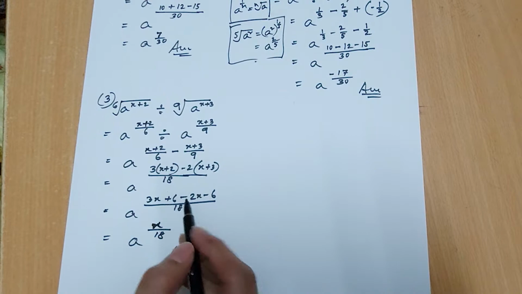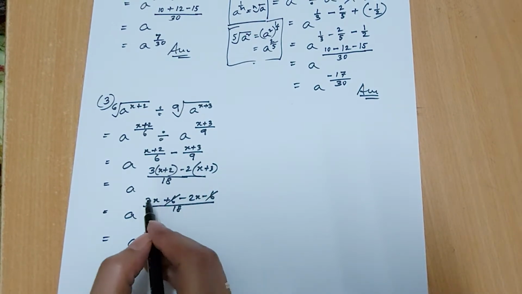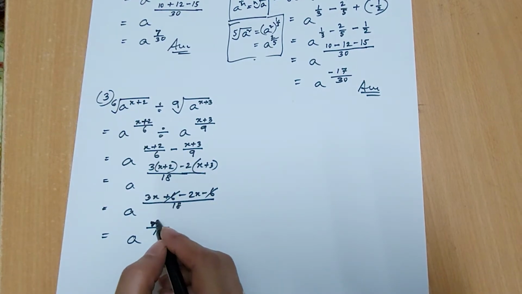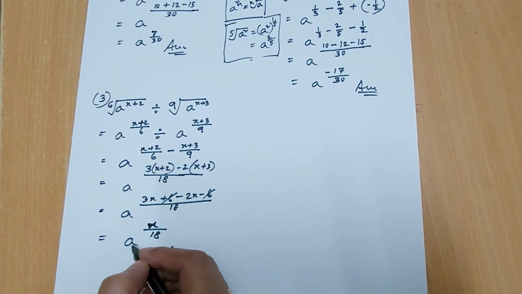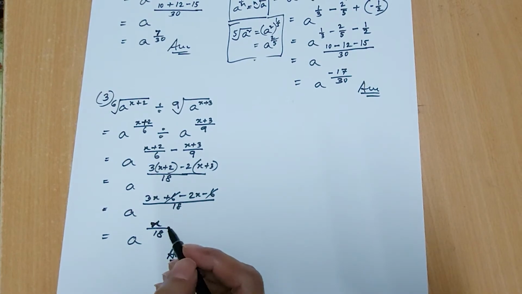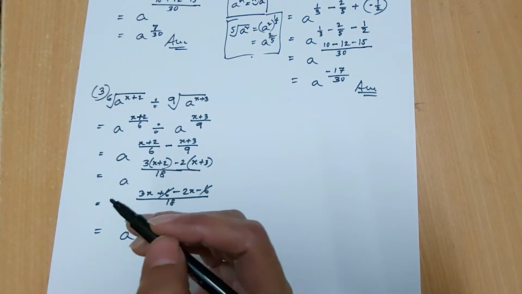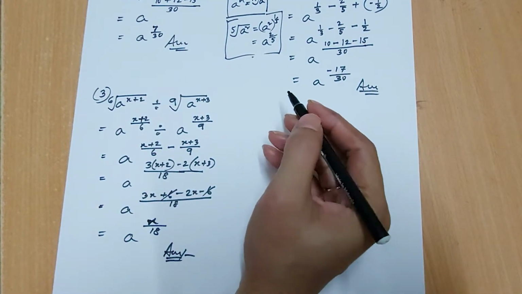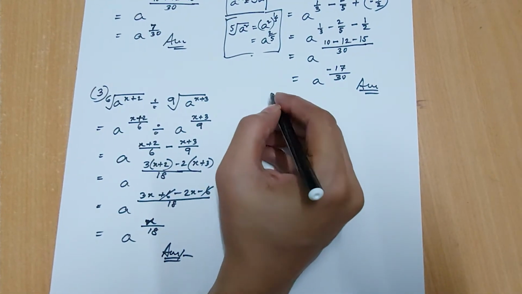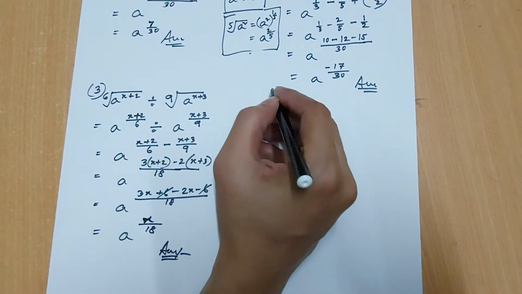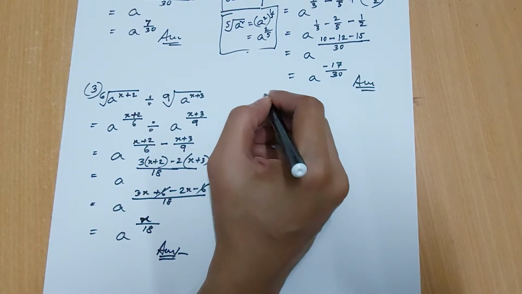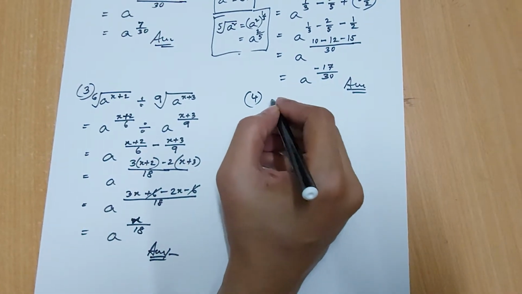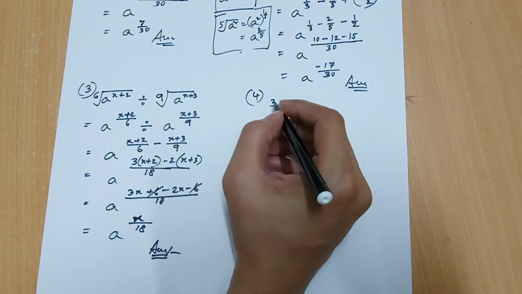Very simple, right? 6 gone. 3x minus 2x equal to x. So x by 18 is the power of a. I think it is very simple. If you recall the rules, always recall the rules, then it will be very simple for you to simplify this kind of maths. So let's try another one.